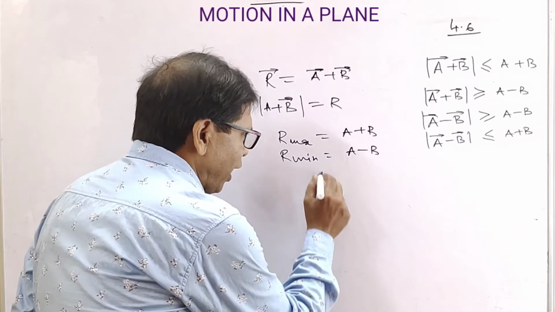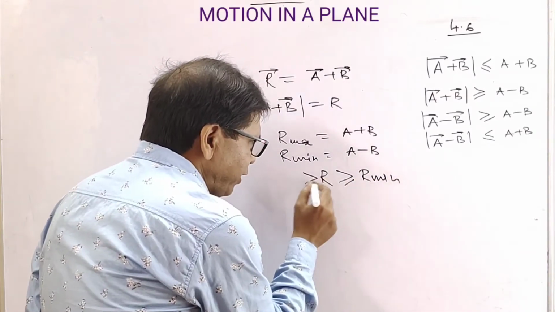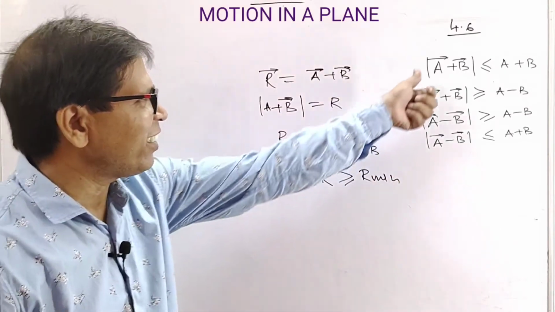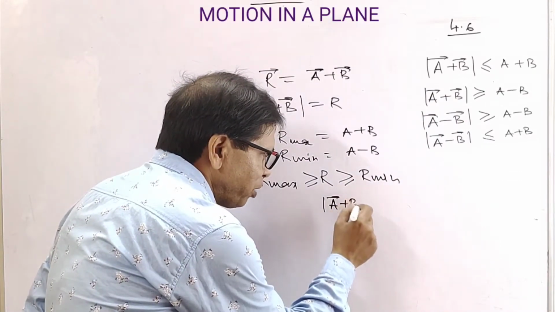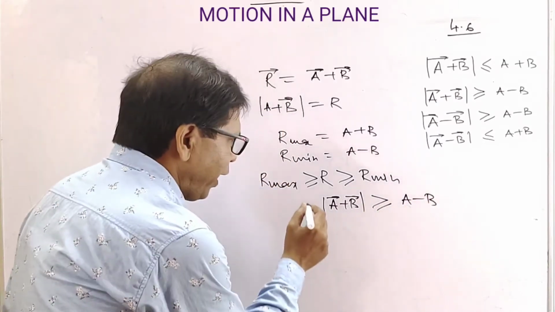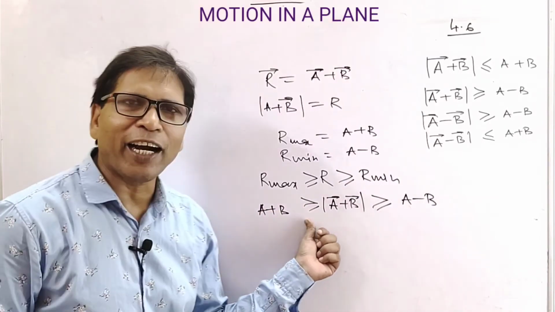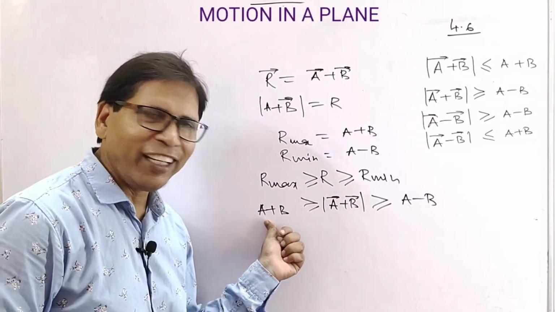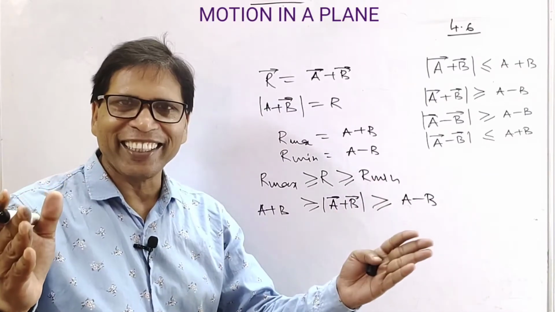So R is greater than or equal to R min and less than or equal to R max, okay, understood. Here R means modulus of A vector plus B vector, R min means A minus B, and R max is A plus B. The equal sign comes when theta equals 0 degree, and this equal sign comes when theta equals 180 degree.